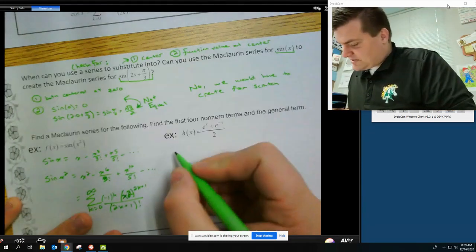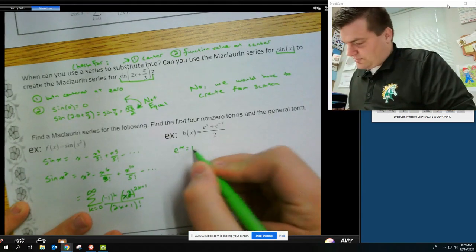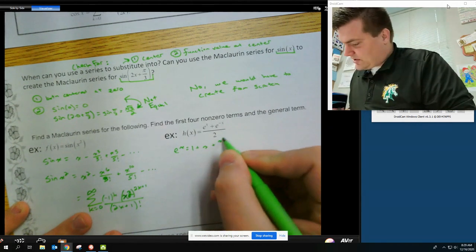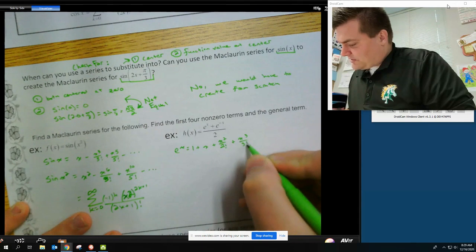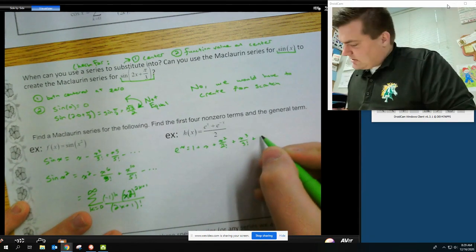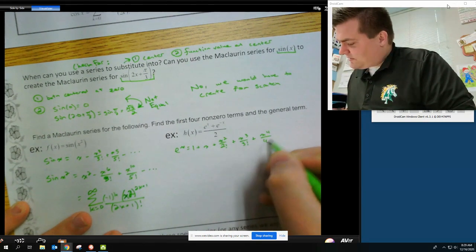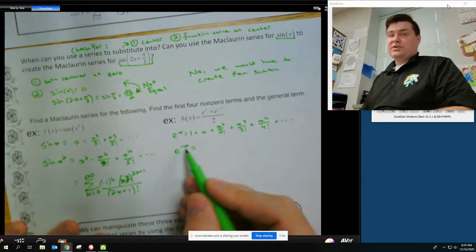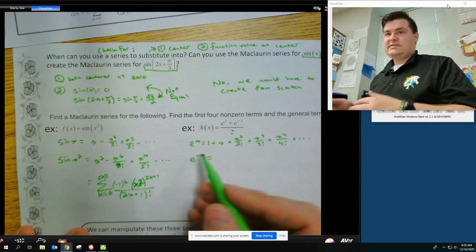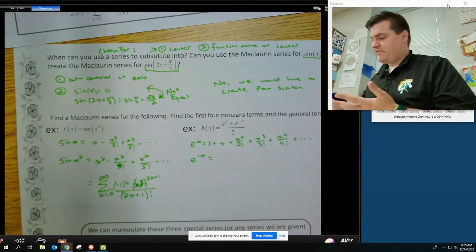Okay, so since e to the x is equal to 1 plus x plus x squared over 2 factorial plus x to the third over 3 factorial, and so on. E to the negative x. So this one we are doing a direct plug-in like this one, because centered at 0, plug in a 0, get the same value.